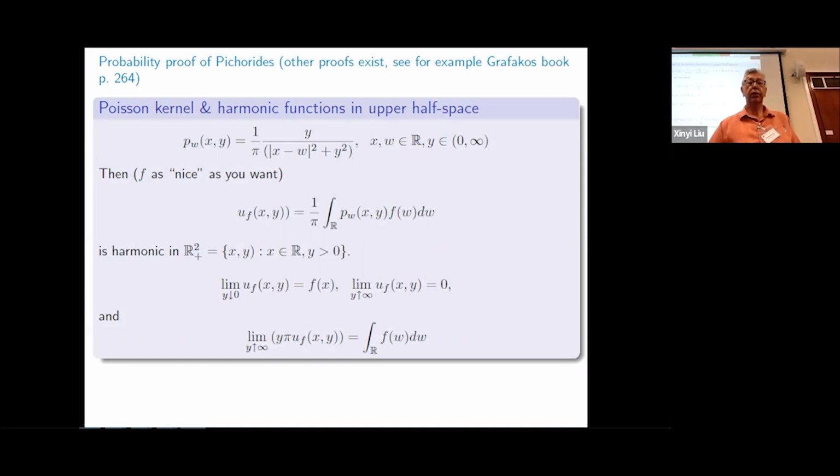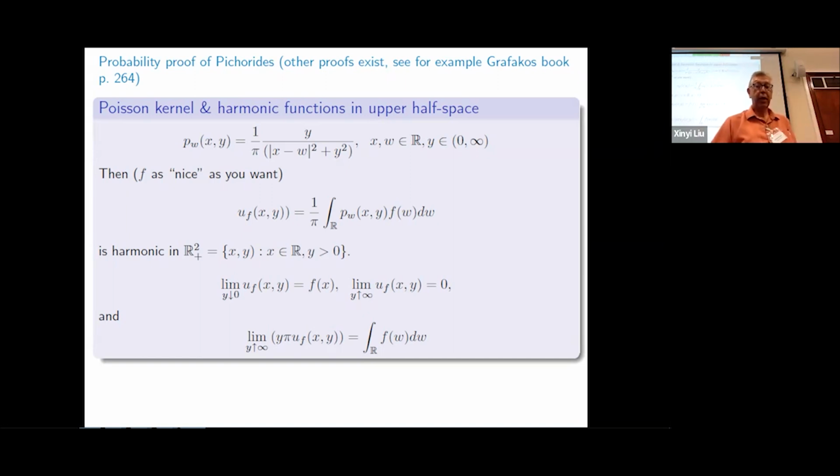So you take the Poisson extension, the semigroup of the function, the harmonic extension. Then you observe that it's a boundary value problem. As y goes to 0, you pick up f. As y goes to infinity, the function vanishes at infinity.